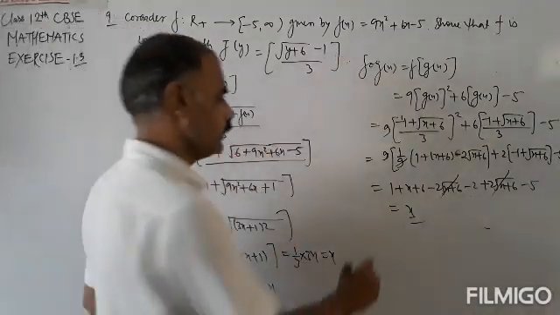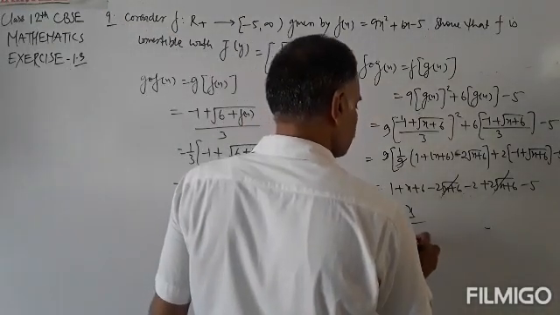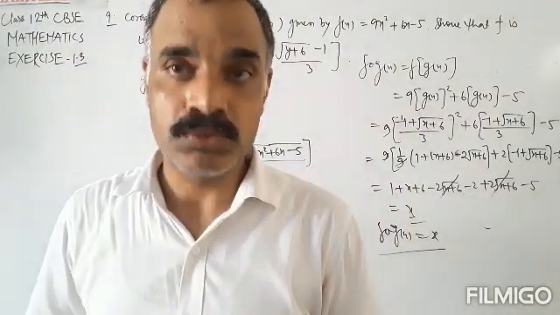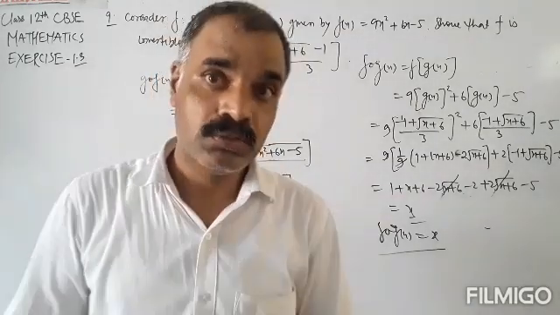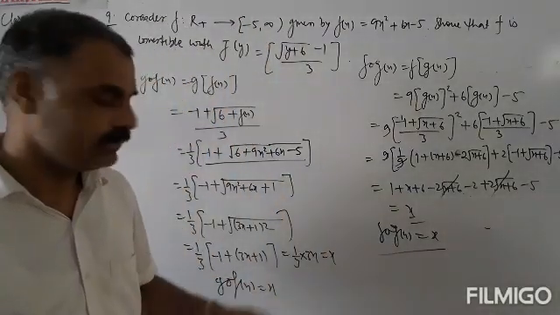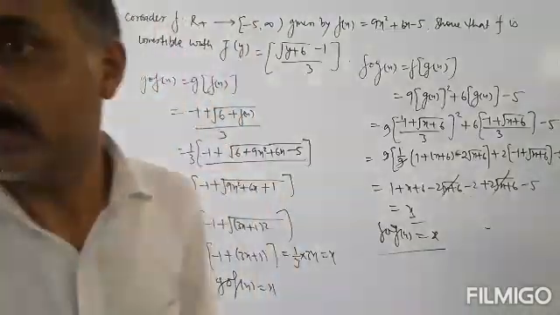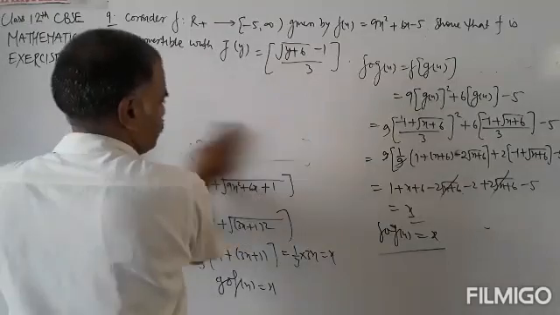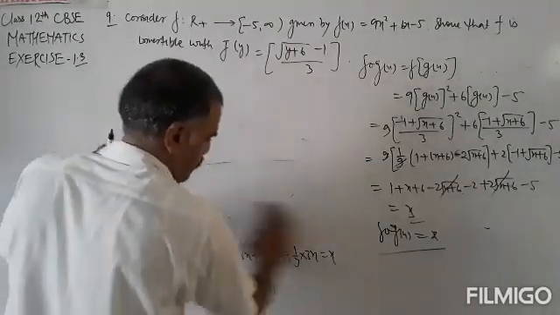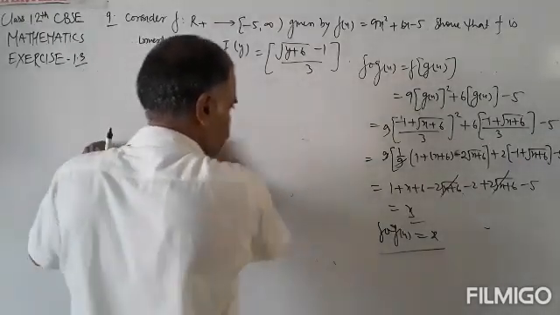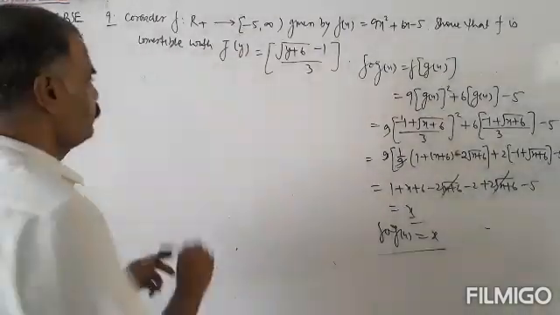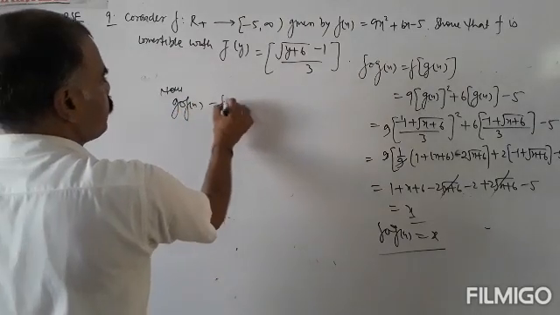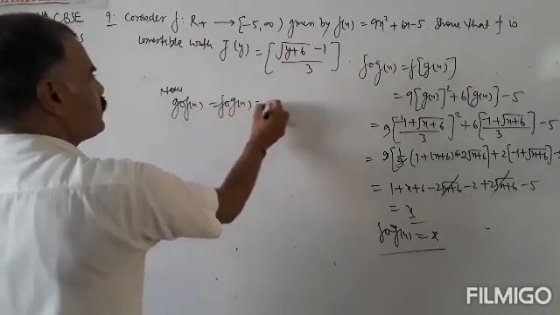Okay. So fog of x is also equal to x. Now we have that gof of x equals fog of x, which equals x.